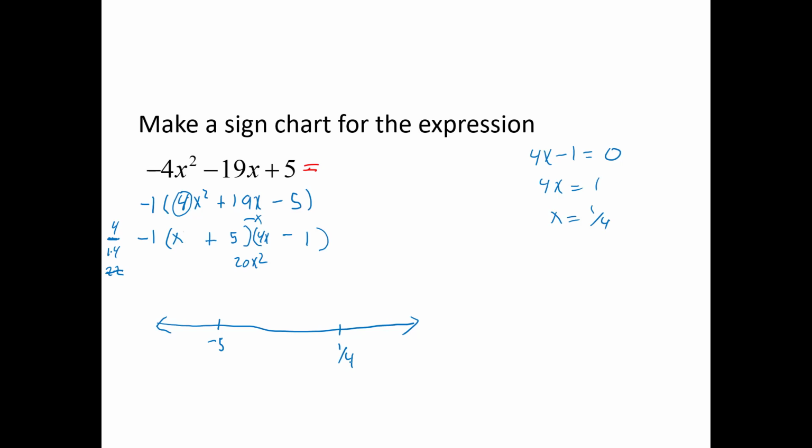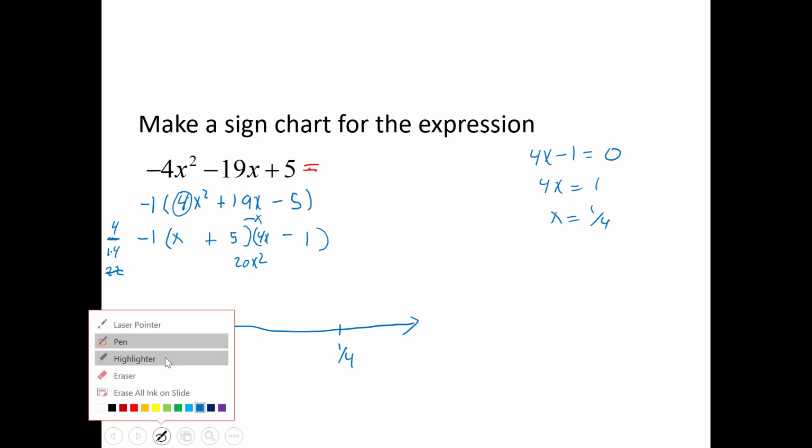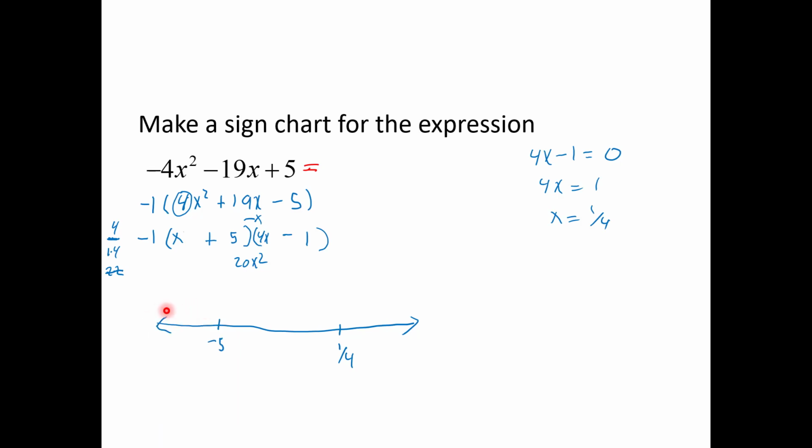These two numbers are the only numbers that make this expression 0. You should know that this is a continuous function, a continuous expression. It's just a polynomial. And so since these are the only numbers that make it 0, over here in this interval, it's either going to always be positive or always be negative. So to the left of -5, it will always be positive or always be negative. Likewise, in between -5 and 1/4, it has to always be positive or always be negative.